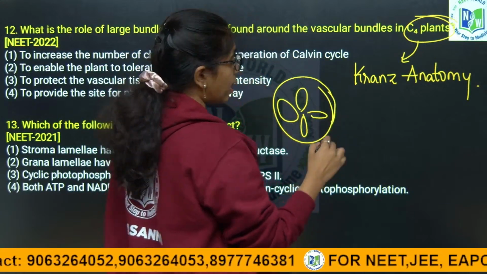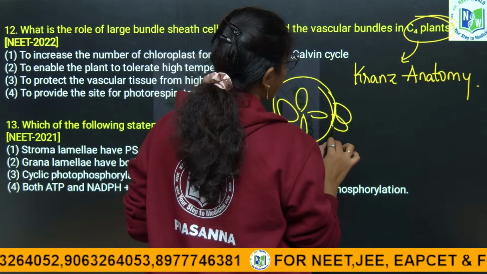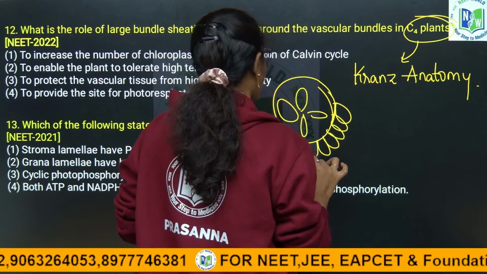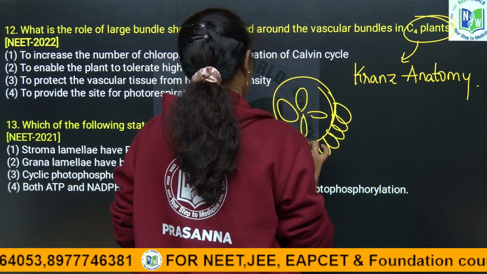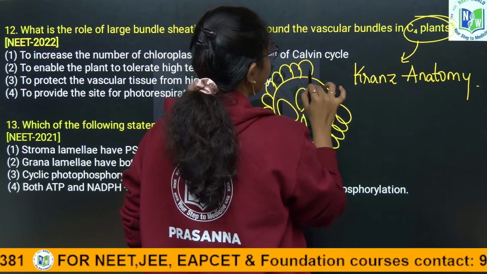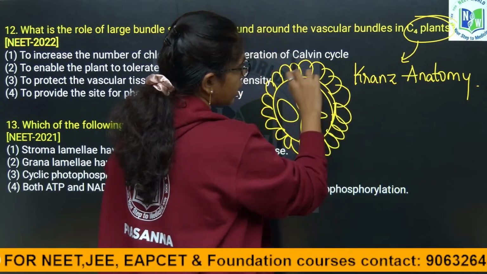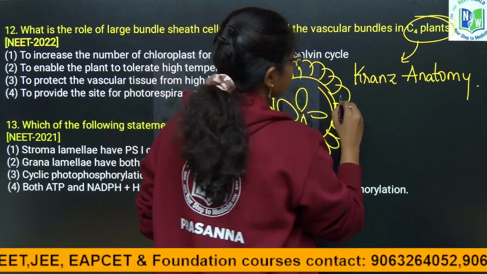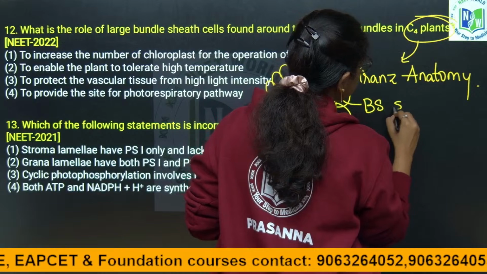Around these vascular bundles, you can find bundle sheath cells which are arranged in the form of a wreath, without any intercellular spaces.